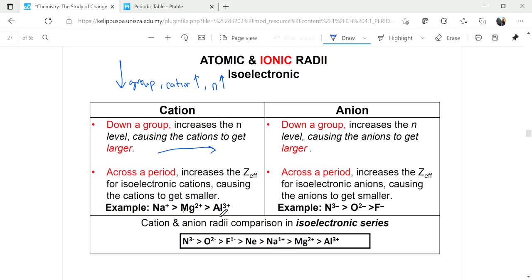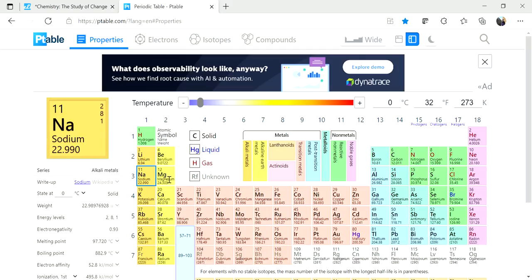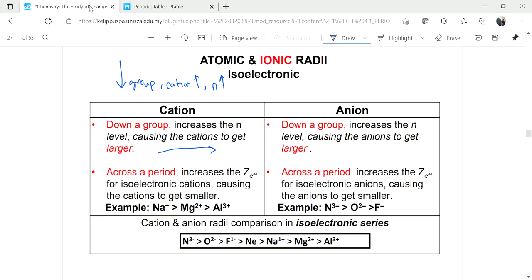Sodium, magnesium, aluminium, all these elements are in period 3. And sodium plus has the same electronic configuration as magnesium 2+ and aluminium 3+. So these are isoelectronic cations. Across the period, the isoelectronic cations become smaller.